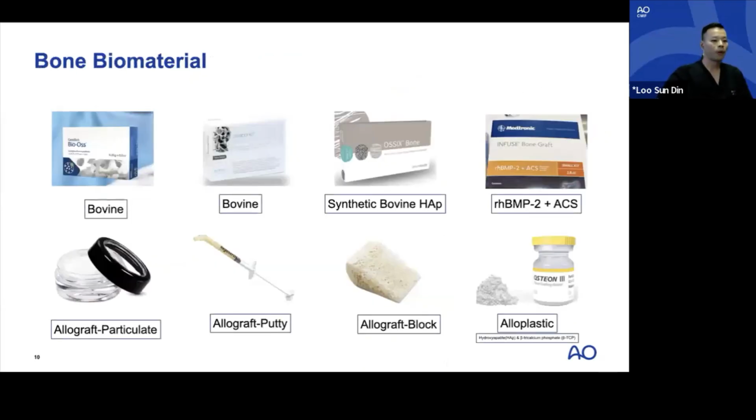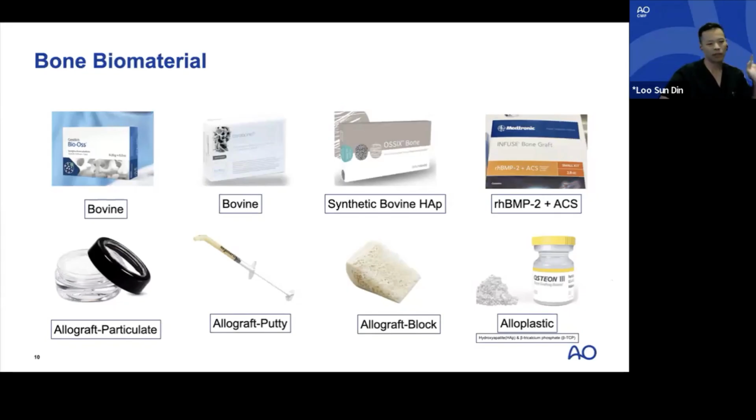As for bone biomaterial, we have processed bovine granules, we have allograft in the form of particulate or putty or block, we have alloplastic hydroxyapatite. We also have alloplastic material like beta tricalcium phosphate.